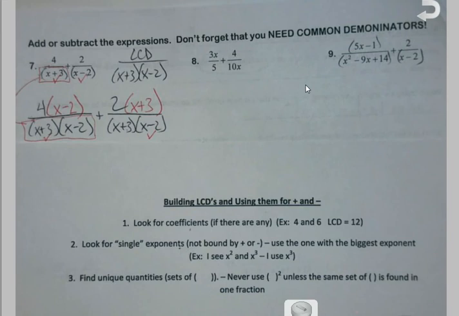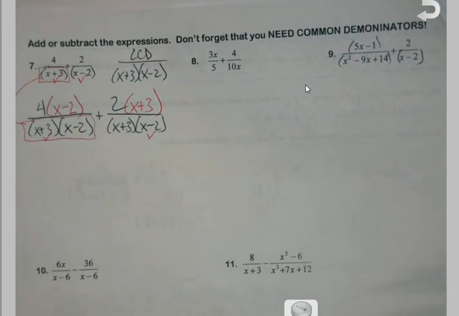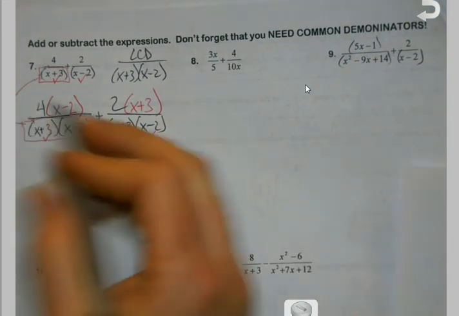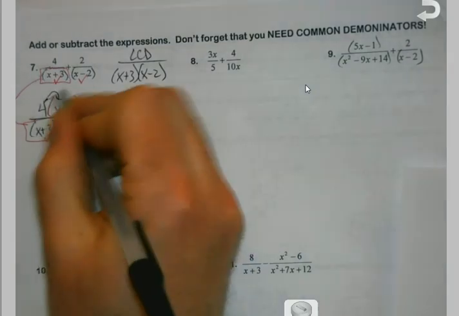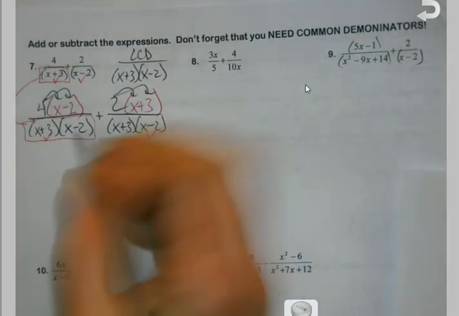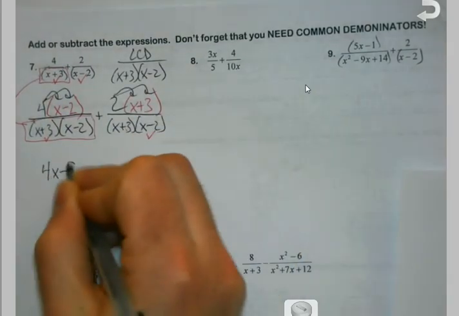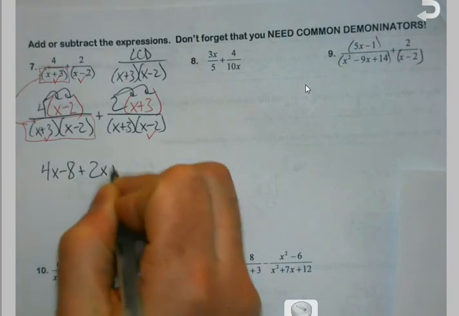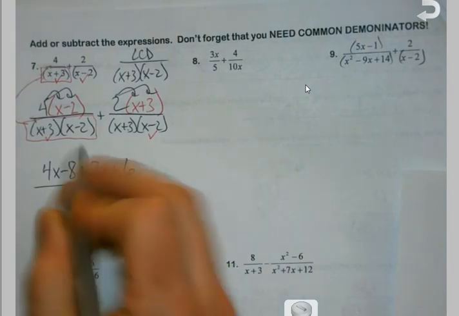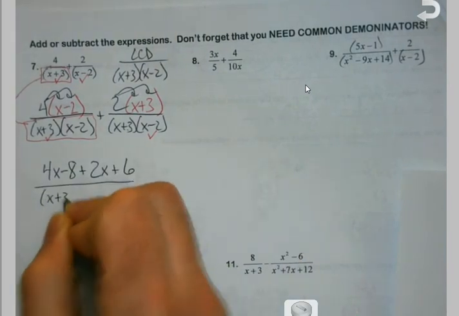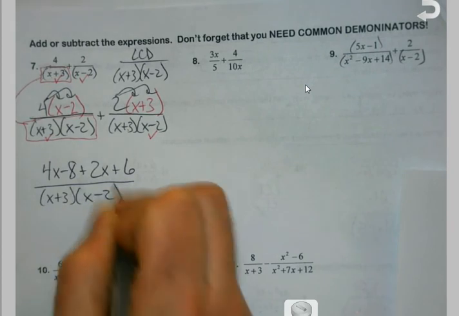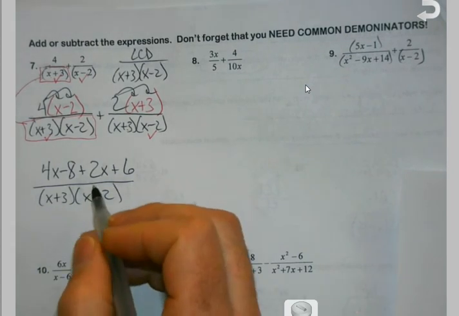I need the x minus 3. And that, to be perfectly honest, is the hardest part of this whole thing. Because now, all I've got to do is some distributing. And again, if you feel comfortable doing the combining up in the last step, that's fine.